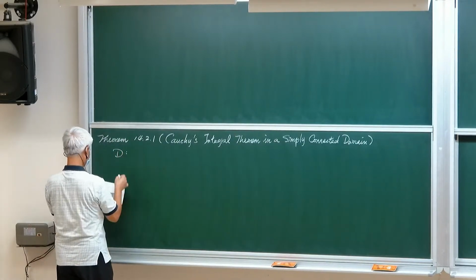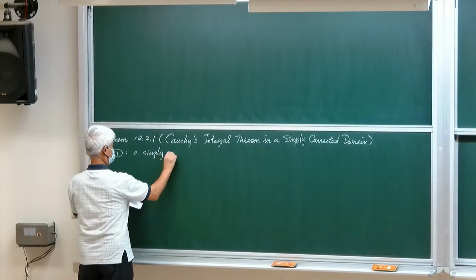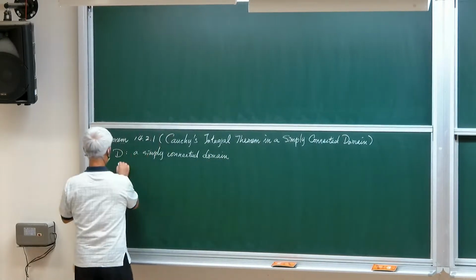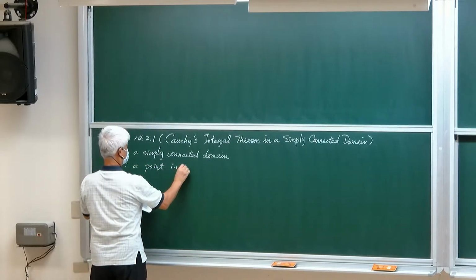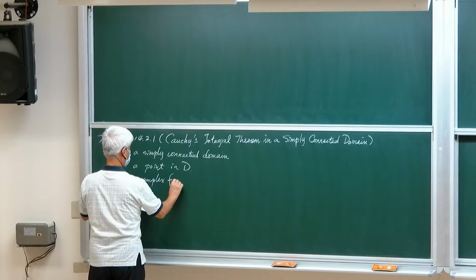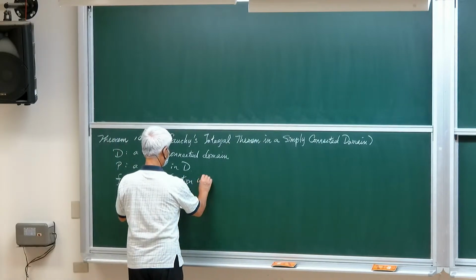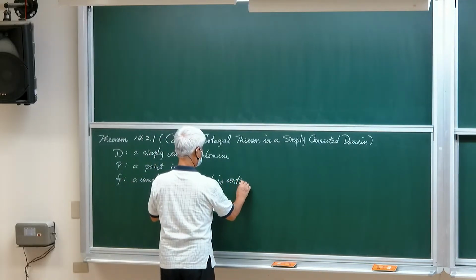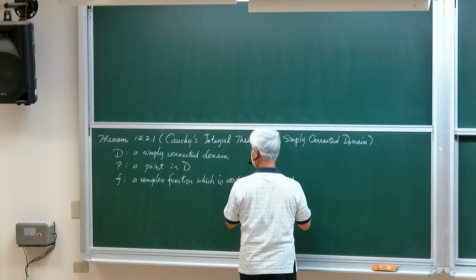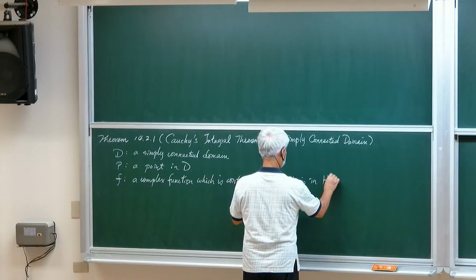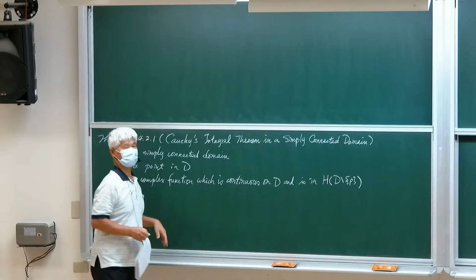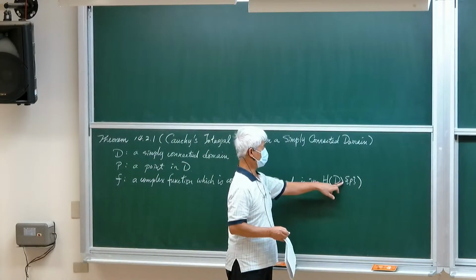Now D here is a simply connected domain, and P a point in D. And f a complex function which is continuous on the domain D, and it's analytic in D minus P, which means that the function f is analytic on D minus the set of P.